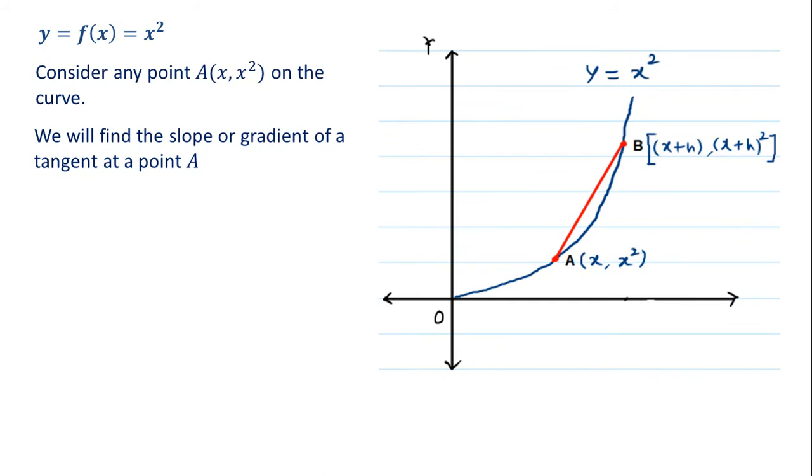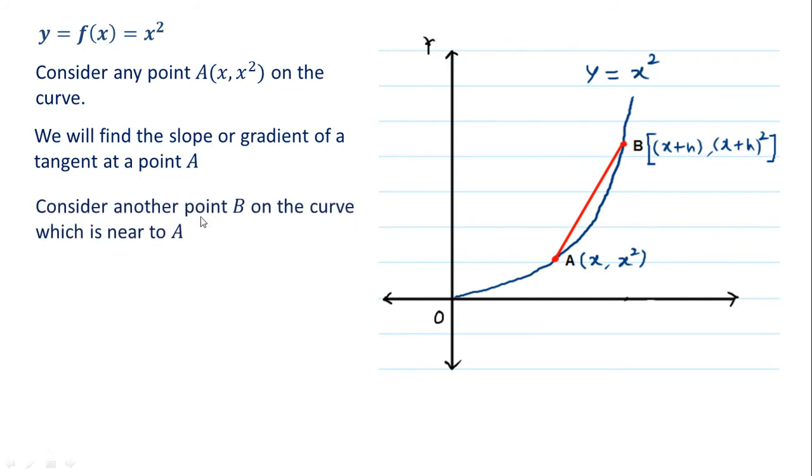Now for that, we have taken another point B. So consider another point B on the curve which is very near to A. Our main point is A, x comma x square, and to get the expression of slope or gradient of a tangent at a point A, first of all we will take the point B on the curve which is very near to A, where the coordinates of point B will be, suppose, x coordinate x plus h, and y coordinate x plus h bracket square.